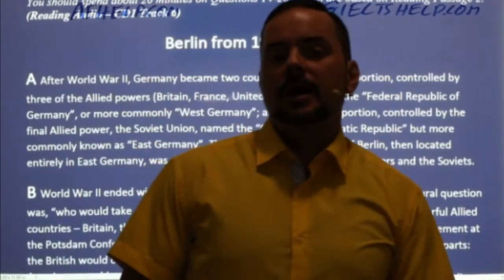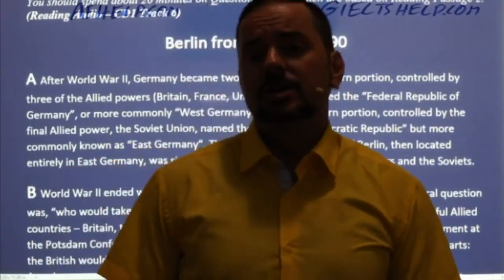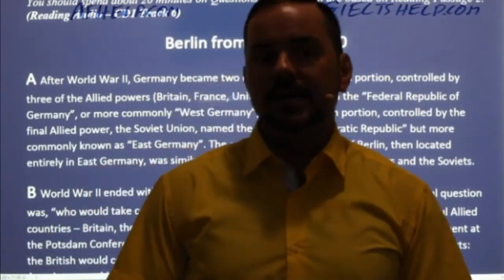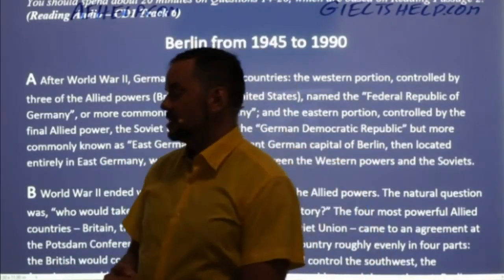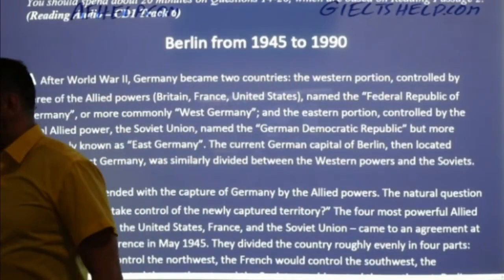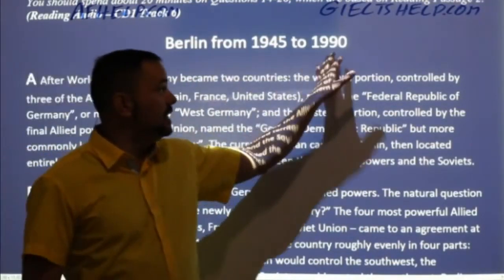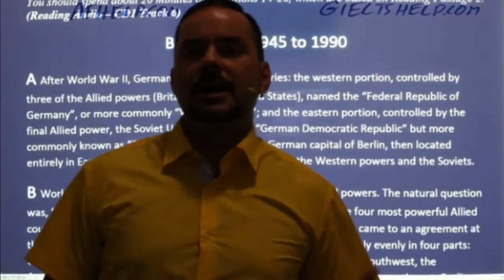Now, of course, for the IELTS, it's a good idea to have some knowledge of some of the major world events in the last 100 years. Berlin is certainly a part of the last century of human history, very importantly. So when you read this title, Berlin, from 1945 to 1990, and you visualize it, what comes to mind?